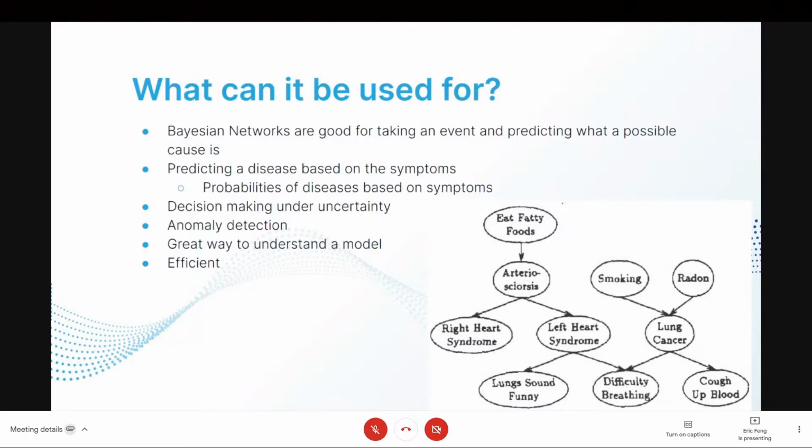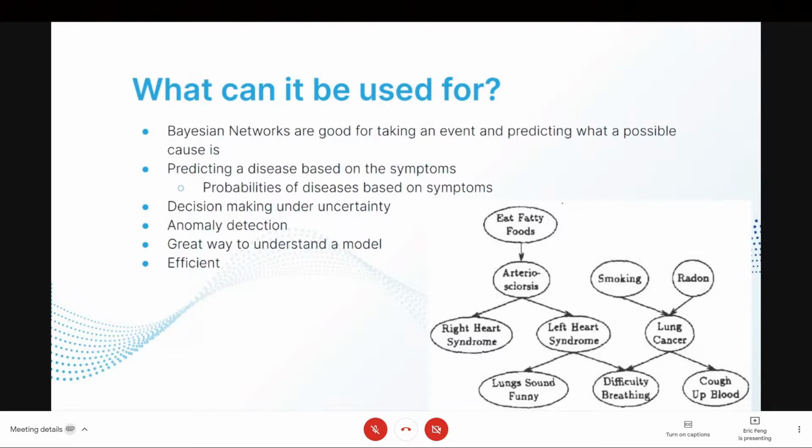We have diseases and symptoms for each of those diseases, and we can use the symptoms as an input and predict the likelihood of a patient having a disease.